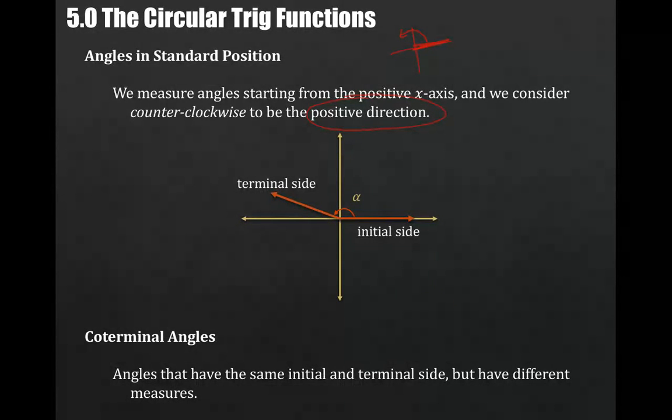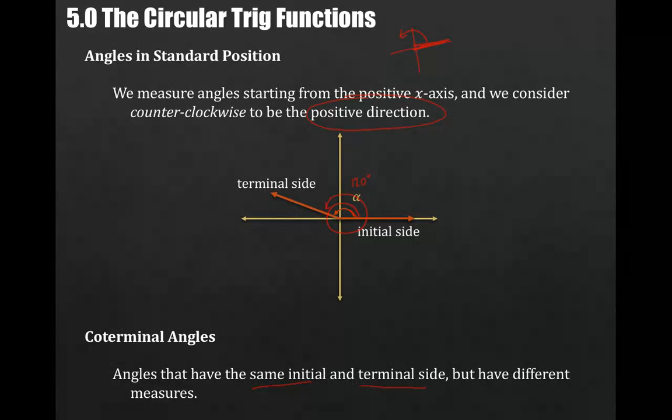We also have what we refer to as coterminal angles, angles that have the same initial side and the same terminal side, but they have a different measure. So for instance, let's go with degrees. This might be 120 degrees. Well, I could start in the same initial side, but go around this and end there.